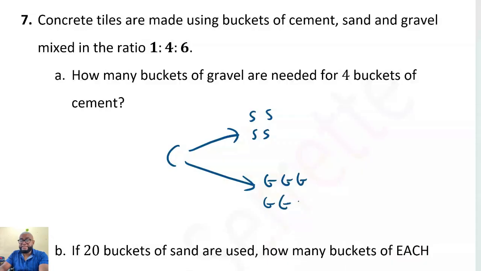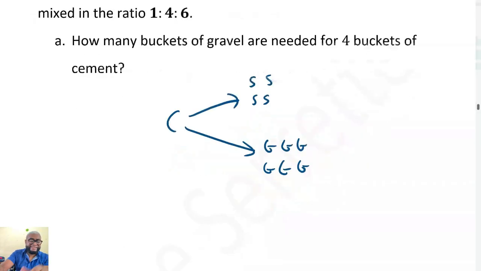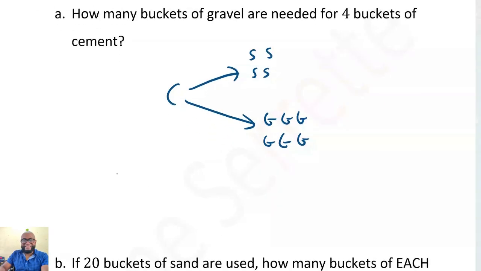For every 1 C. So if I have 4 C, and for every 1 C I need 4 sand, come in now, because they want to know how much gravel. For every 1 cement, I need 6 gravel. How much gravel would I need for 4 cement? What do I have to do? Excellent. So buckets.